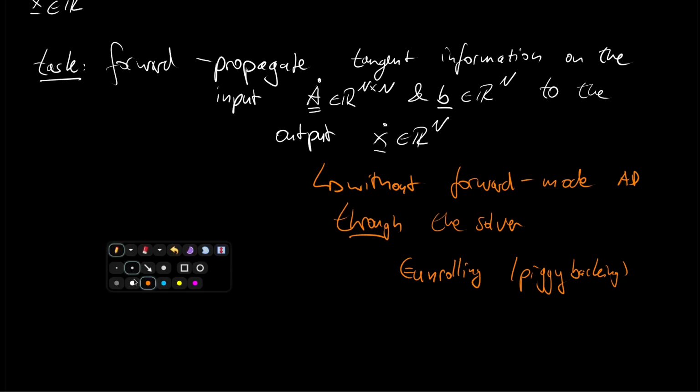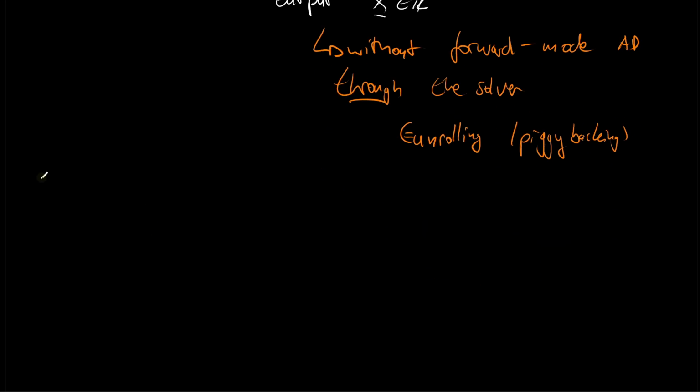For this, let us note down the general push forward rule. So in general, what we're going to do is we will find the tangent on the output by taking the Jacobian of our function, so kind of linearizing it, and this will be df by da, the first input, and then contracting it with the tangent information. And here I'm using the colon operator because the derivative of the function, which has a vector valued output, with respect to a matrix will give us something like a rank 3 tensor.